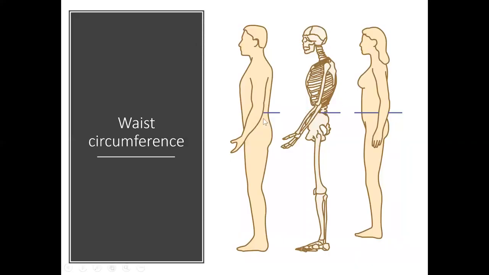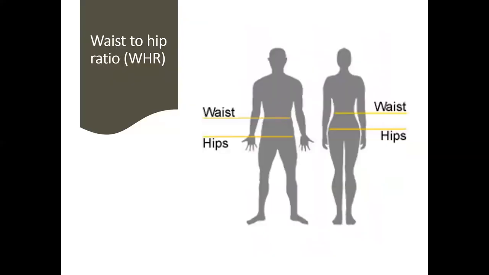The waist circumference also is very important. Its most important role is to give us an idea about central obesity, which is one of the major issues that lead to cardiometabolic diseases like cardiovascular disease, diabetes, metabolic syndrome, and so on.